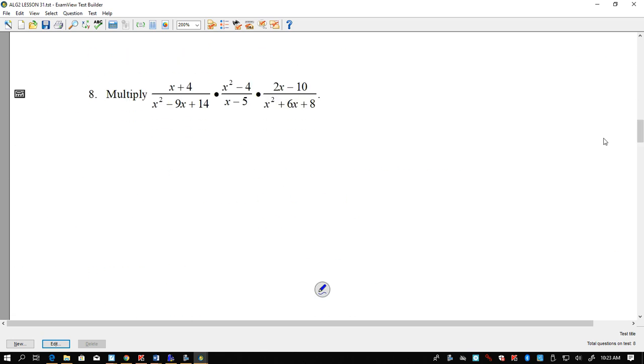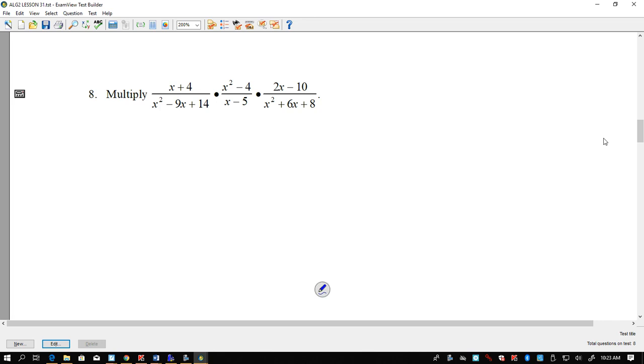All right, 8. x to the x plus 4 doesn't reduce, does it? Okay, but we can probably reduce x squared minus 9x plus 14. That should give me an x and an x. What are my signs in there for that? Close.